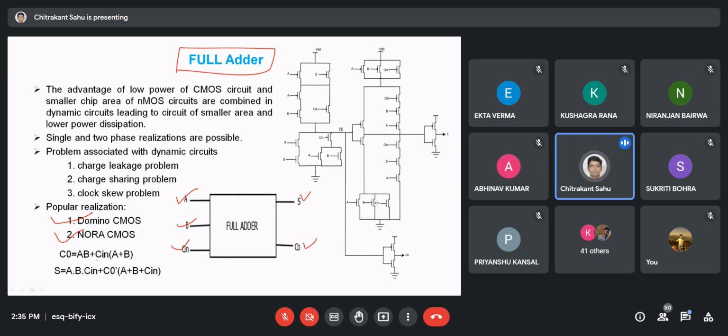Or, simply, you can realize the circuit using conventional CMOS instead of domino logic. We can have a conventional CMOS logic, static logic. I think this is the full adder using static logic, static because no clock is mentioned here. You can see that. So this is the complete circuit.